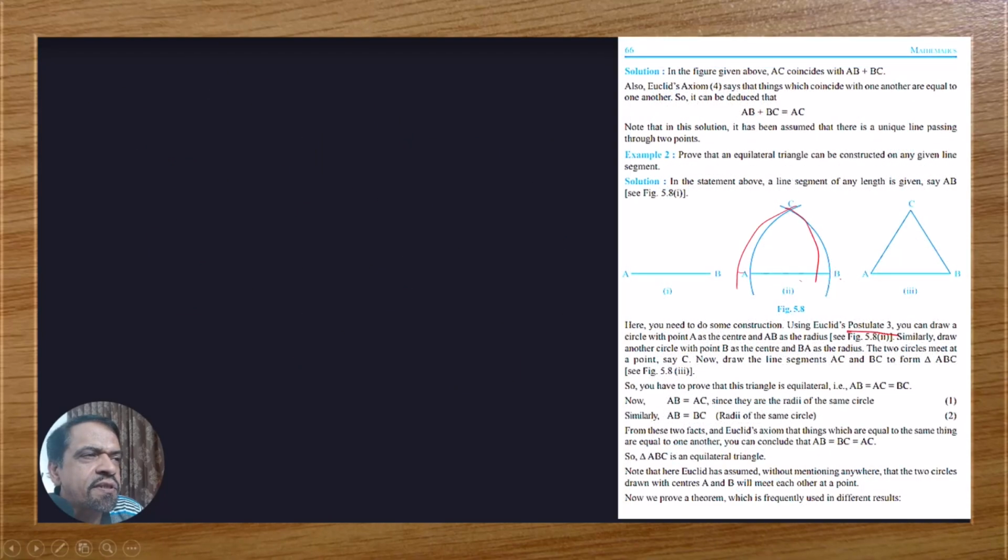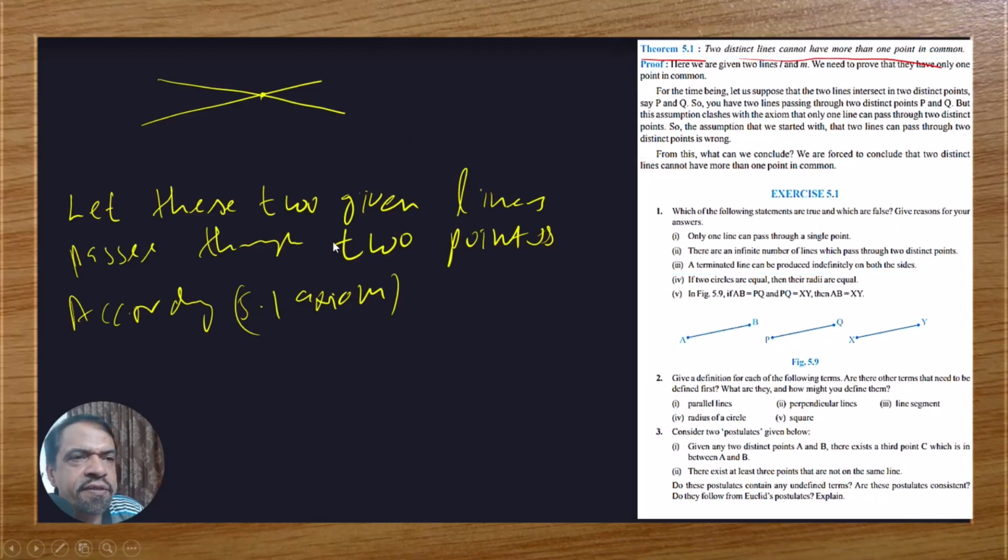So this statement contradicts here. हाँ, हमने क्या suppose किया? Let two lines pass through 2 points.